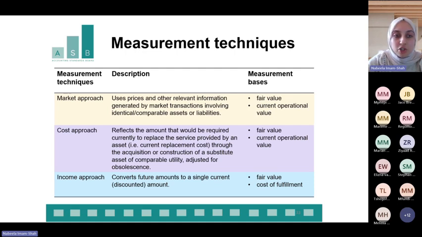The cost approach can be used for the measurement bases, fair value, and current operational value. Lastly, the income approach. This converts future amounts into a single discounted current amount. The measurement bases that use the income approach are fair value and cost of fulfillment.